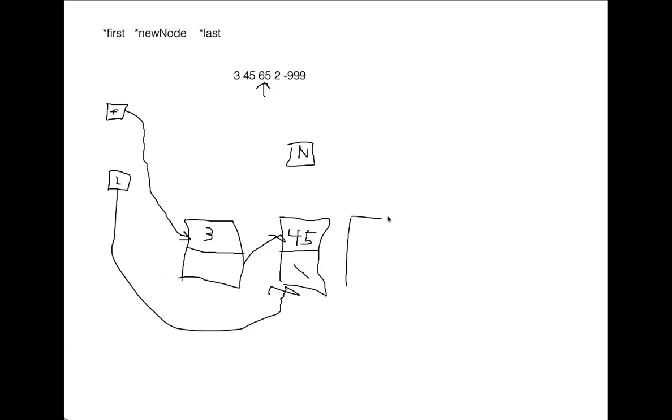I create the new node first with the next number, 65. I can make the 5 work, kinda. That's equal to the null pointer. The new node points to that.